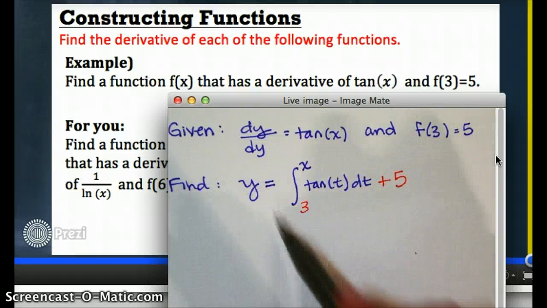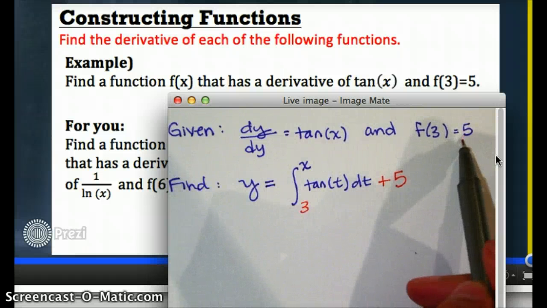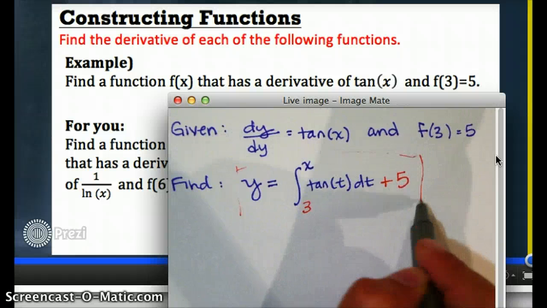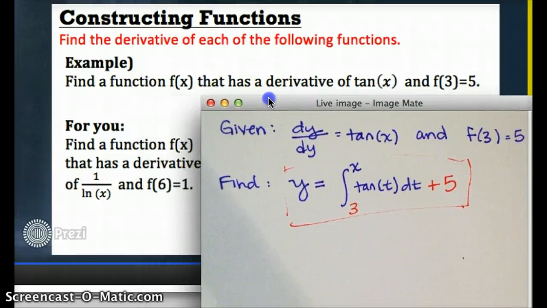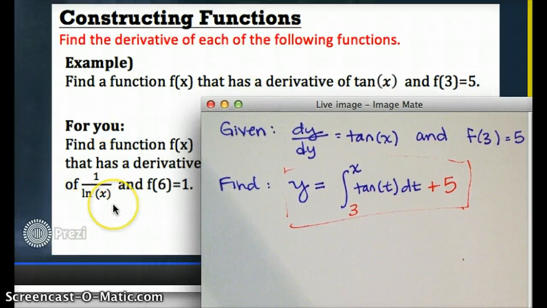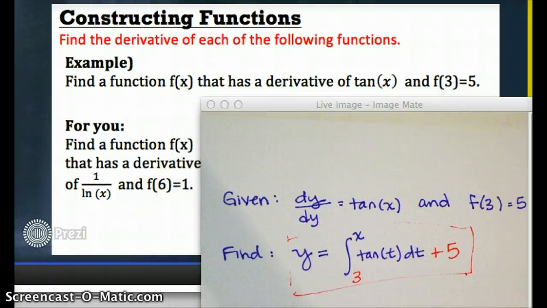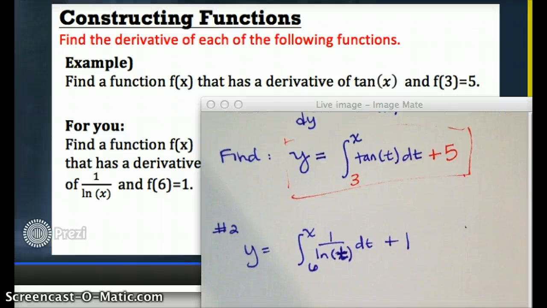And then I add 5, boom, just like that, the answer is 5. This is your function. Try and do the same thing just for the last one down here. Find a function that has a derivative of 1 over ln of x, and for which f of 6 equals 1. And that would be this function right here.